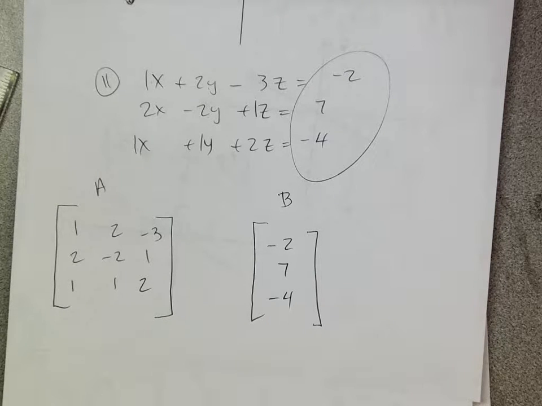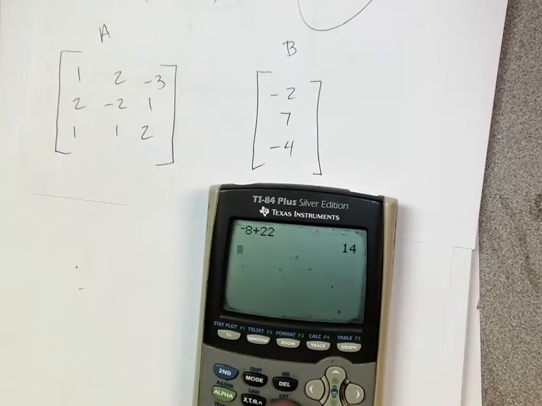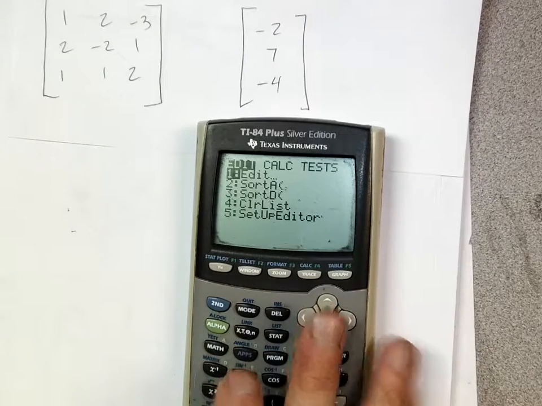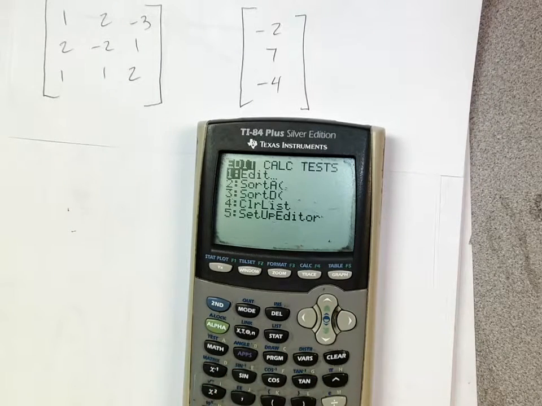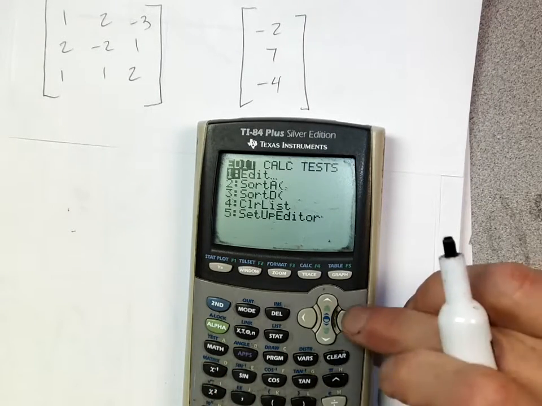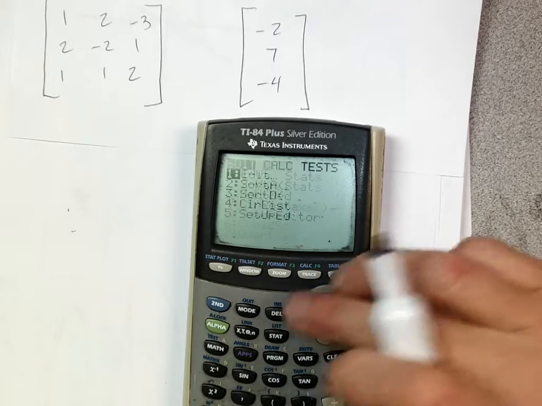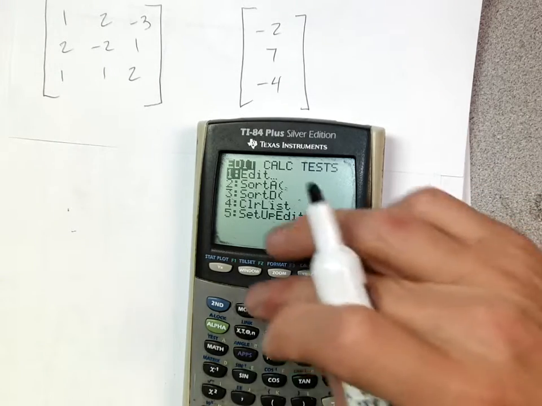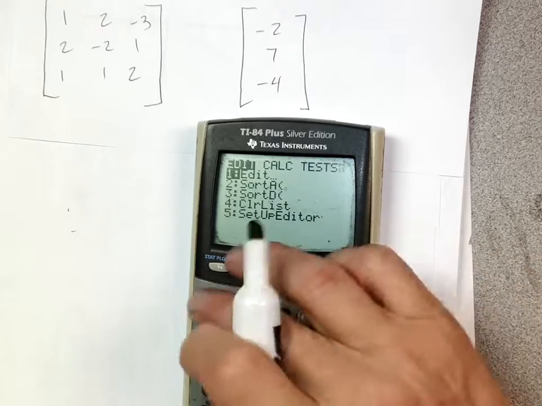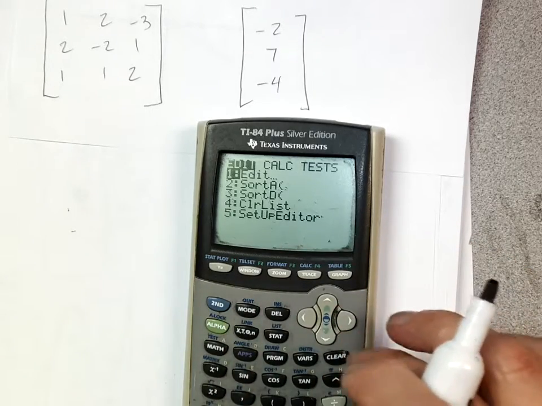Okay, so step 1, find the stat button. So on my calculator, I'm going to find the stat, see it? Stat button, okay? Step 2. Go over to, oh, keep it on edit, my bad. Hold on, stat, matrix.